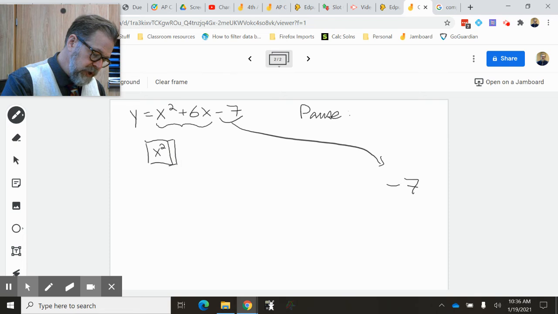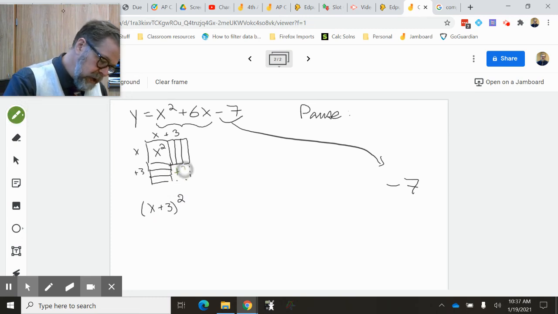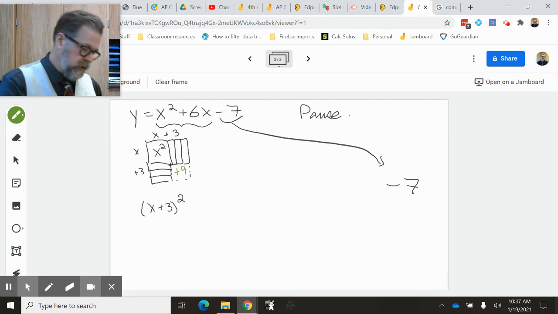By the way, as you get better at this, you don't have to always draw the squares, but to begin with, sometimes it's helpful to visualize. So what have I got here? I've got a square that is x plus 3 by x plus 3. In order to make it a square, I had to add 9 unit tiles.